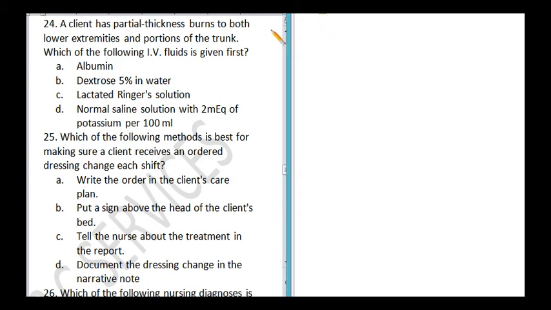So remember that after burn, the patient is considered to be hyponatremic and acidotic.